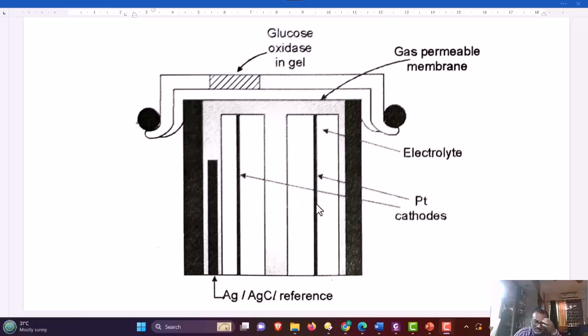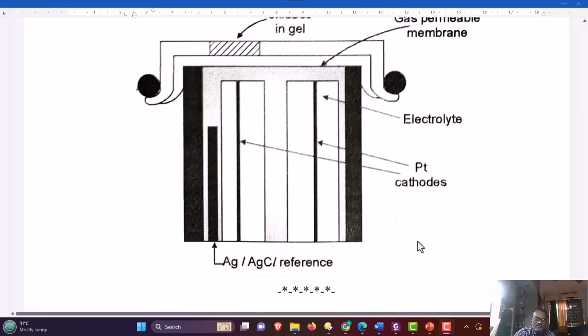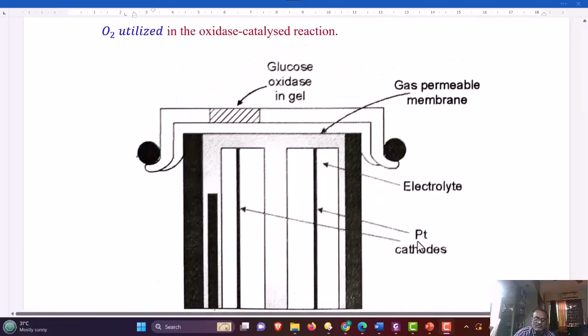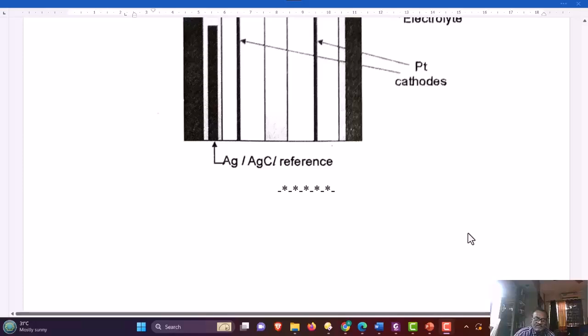The oxygen atoms are liberated, and those can be detected by these two-point electrode cathodes. The difference in the oxygen detected is proportional to the blood glucose present in the blood of the diabetic patient. This is how the biosensor works.